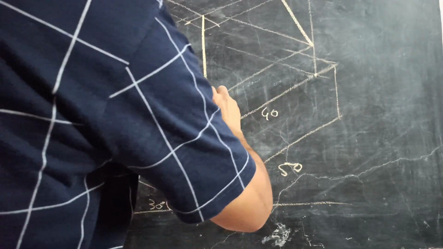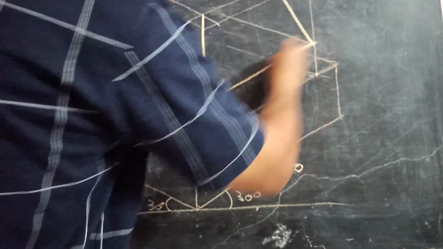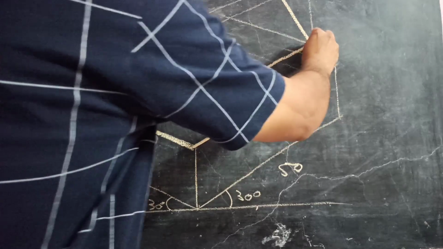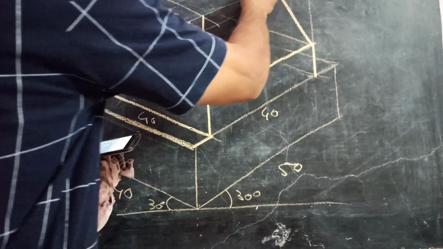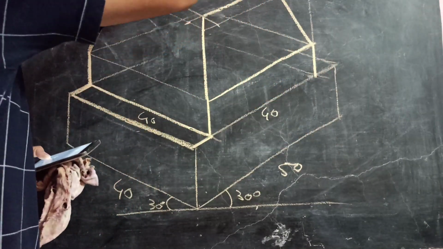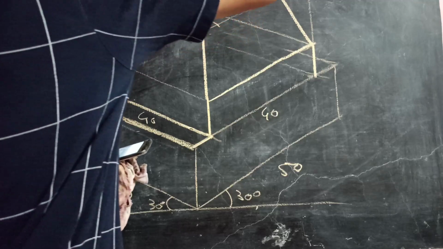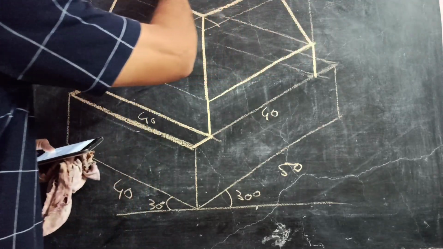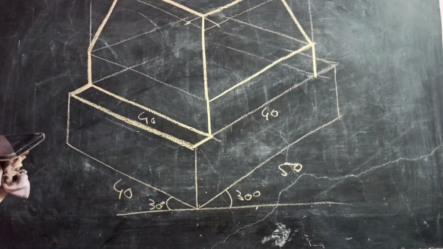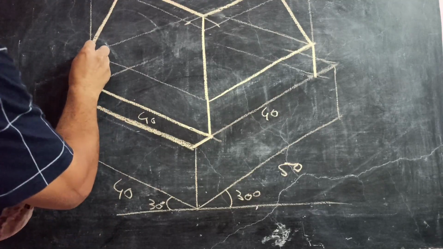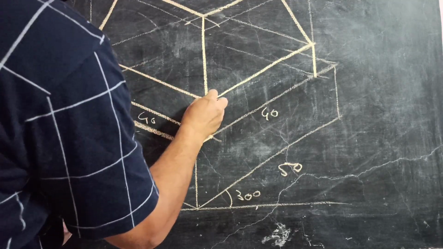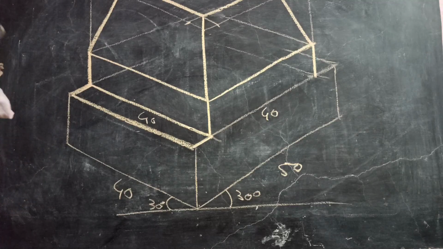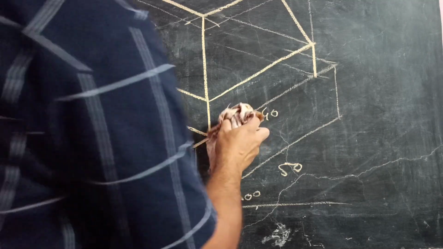This, there is no line, here there is line. This line is dark. There is no this line.